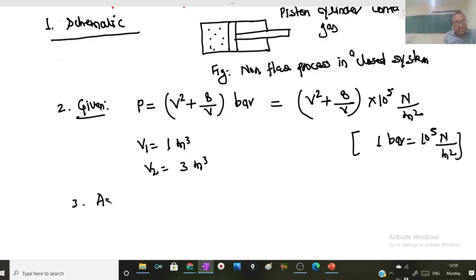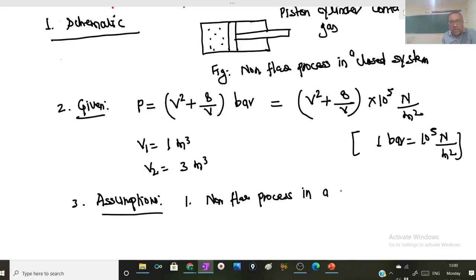Number 3, assumptions. Now what assumption you will follow here? As it is saying it is a non-flow process, so I can say assumption number 1 is non-flow process in a closed system.